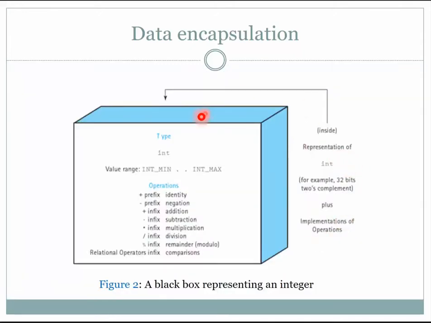So this is inside definisi or ADT yang untuk sesebuah integer. Tapi bila kita nak guna integer, kita tak tahu pun sebenarnya ada complex properties inside the integer inside the library.